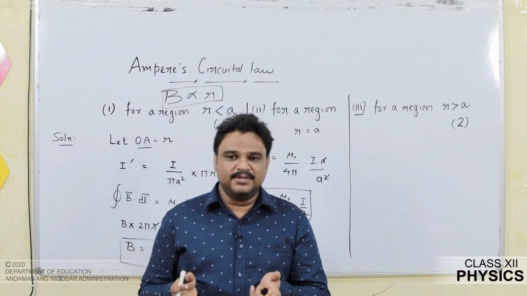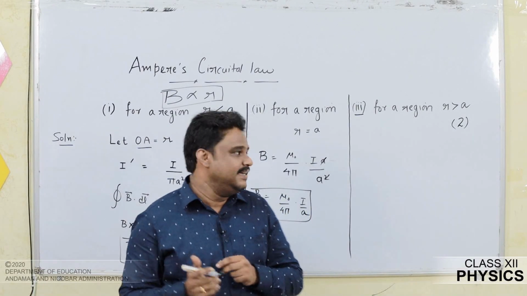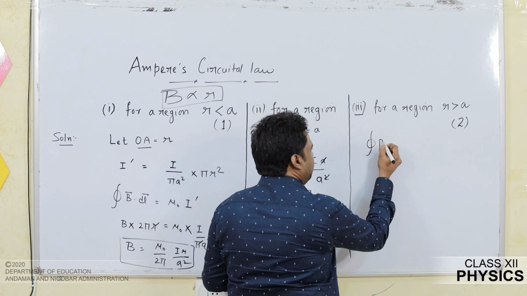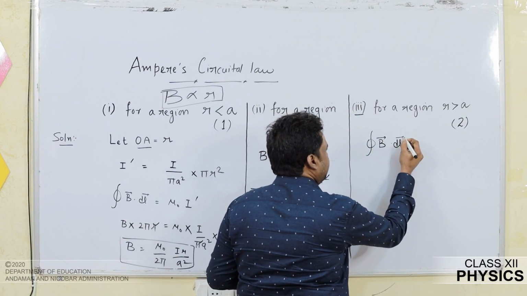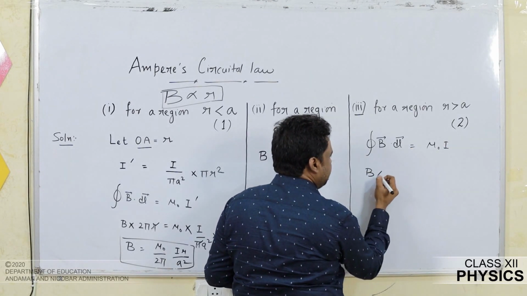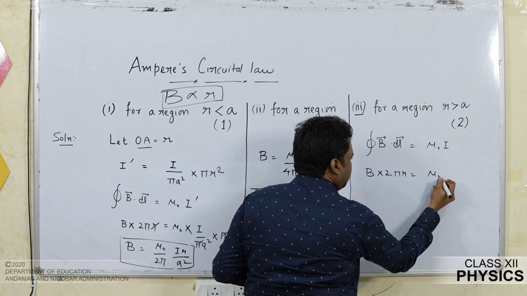But in this case you are able to see, since the point is outside the wire, the current threading will be I only. So directly I can use Ampere's circuital law. Ampere's circuital law is B vector dot dl vector is equal to mu naught I. You know dl is 2 pi r, so I can write B into 2 pi r is equal to mu naught I.